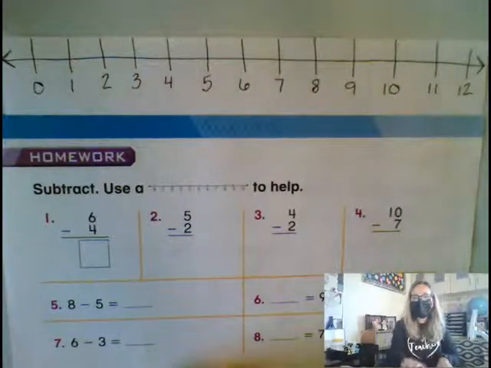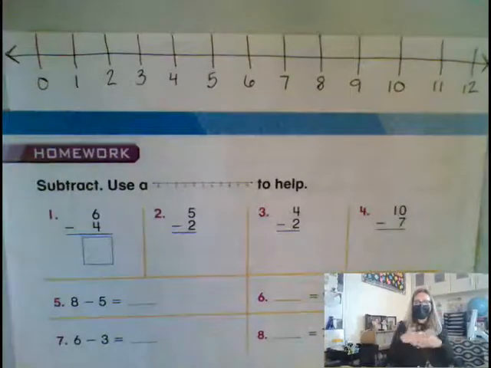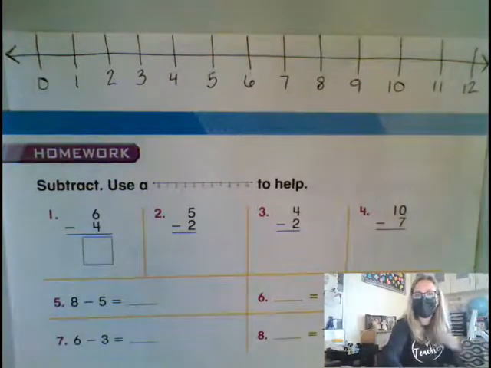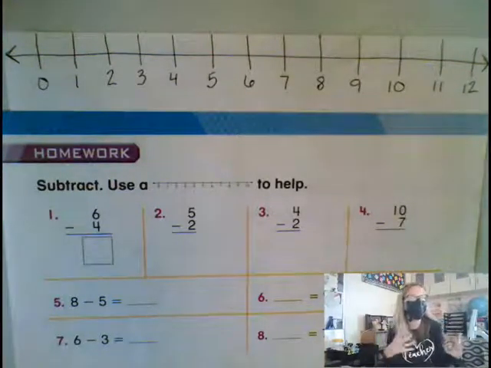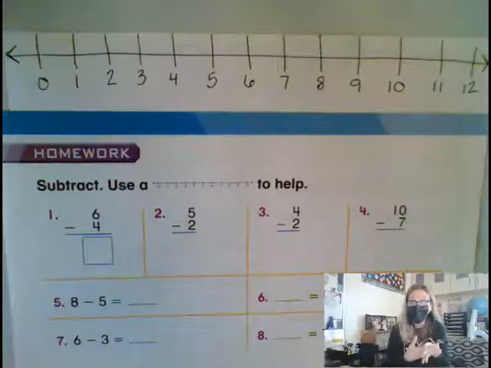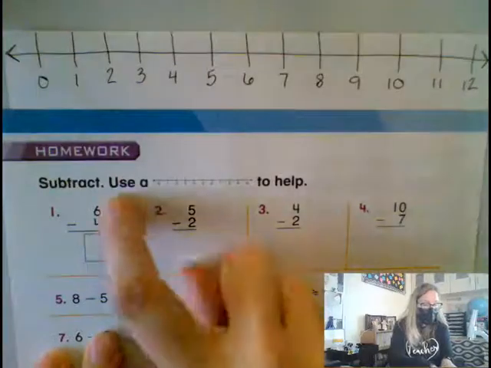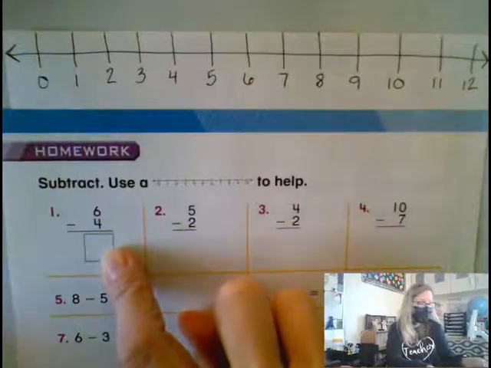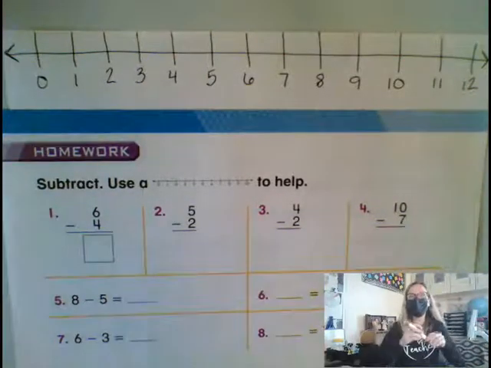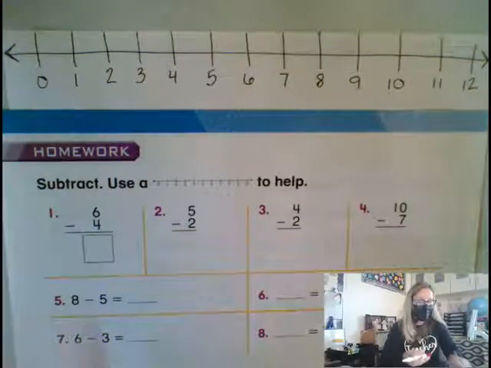All right, friends at home, we are back, and I'm going to go over these questions with you all. Make sure you're checking your work here in the classroom and at home to see how you did. The first problem, number 1, said 6 take away 4. So for my first jump, I was to go to the 4.